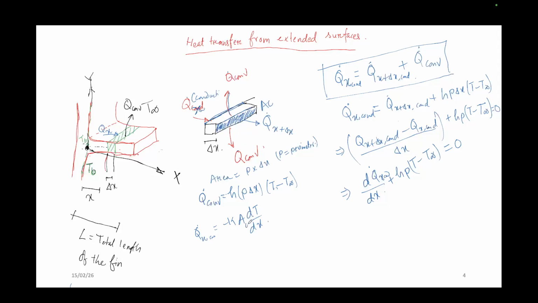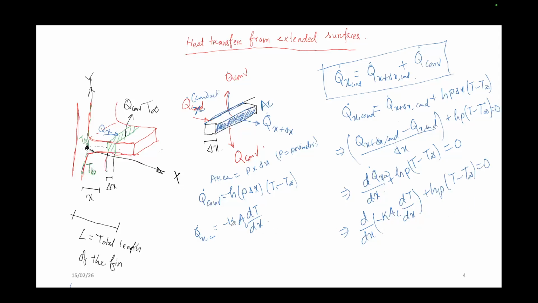So now this equation will look like d/dx of, in place of q I can write minus k Ac dT by dx plus hP (T minus T infinity).